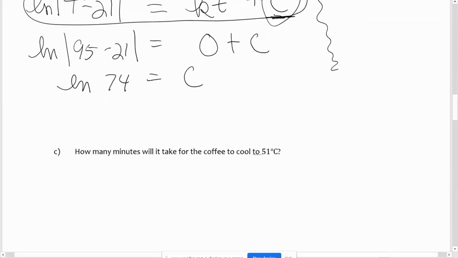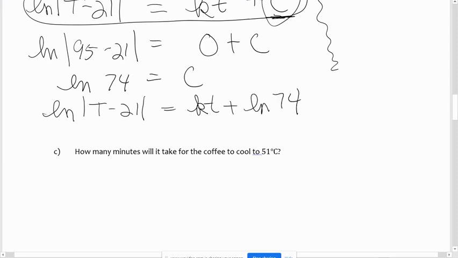Because again, I'm looking to solve this differential equation. So I want T is equal to something. All right, so that'll give me the natural log of T minus 21 equals kt plus the natural log of 74.